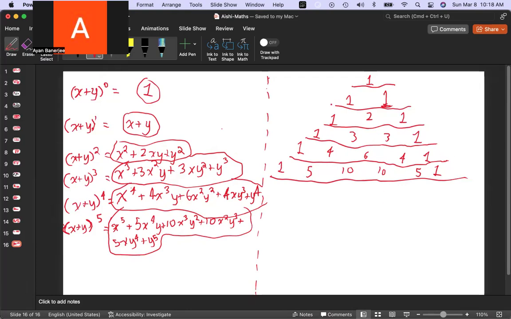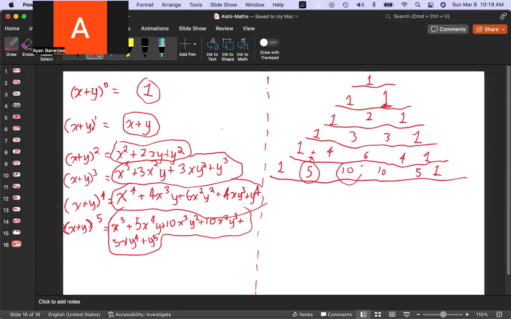So instead of memorizing this triangle, we can notice an interesting pattern here. Every number is equal to the sum of the two numbers above it. For example, 5 is equal to 1 plus 4.